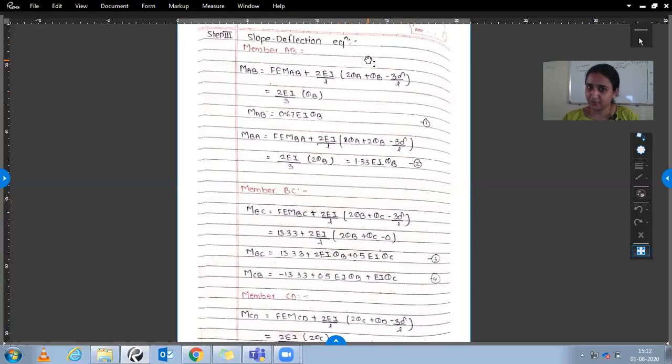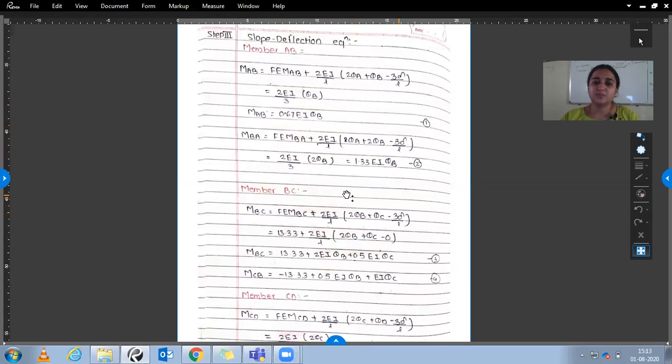Theta A is 0 because of fixity, and FEM AB is also 0 because there is no load. So what remains is 2EI by 3 into theta B. This is equation 1. Similar is the case for M BA: FEM BA is 0, theta A is 0, and 3 delta by L is 0. So we'll get this value.